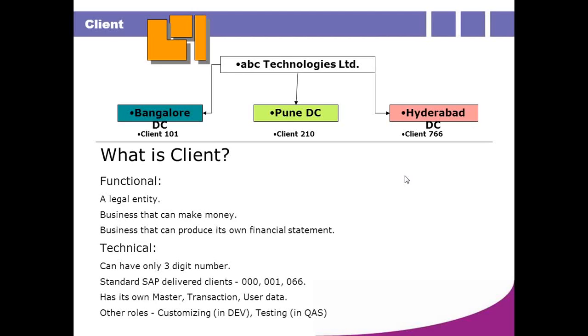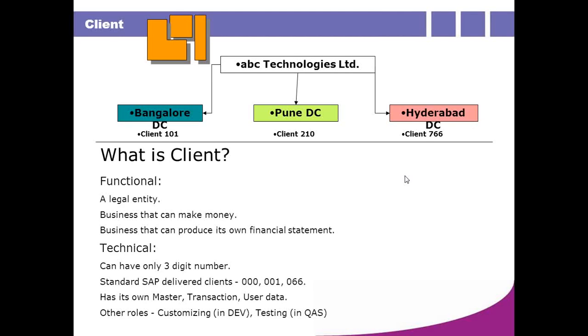I want to keep all the data in the single database physically, and I don't want to allow the Bangalore team, the persons logging into the system, to see, touch or modify the Pune and Hyderabad data. In the same way Pune should not touch the Bangalore and Hyderabad data, and Hyderabad should not touch Bangalore and Pune data. How is it possible?